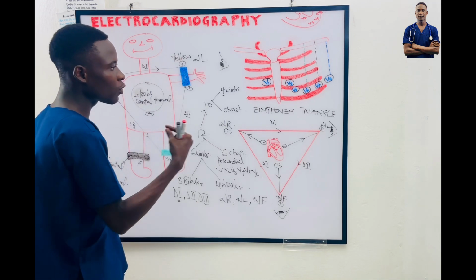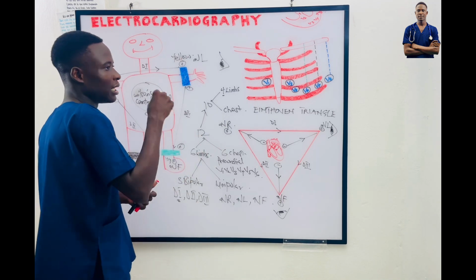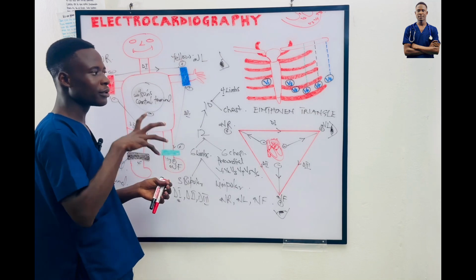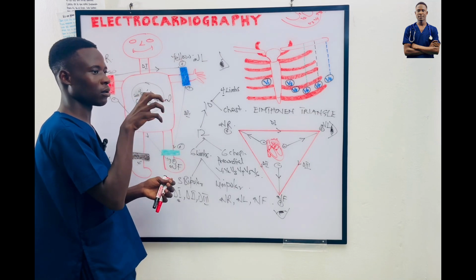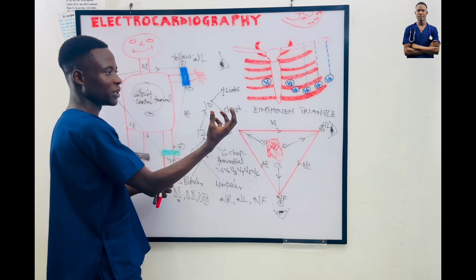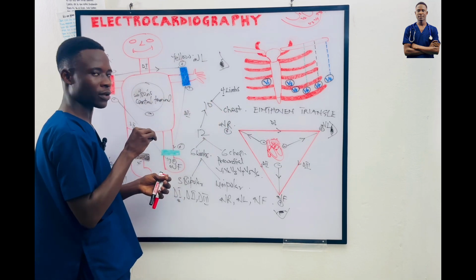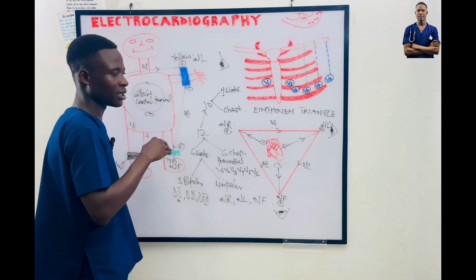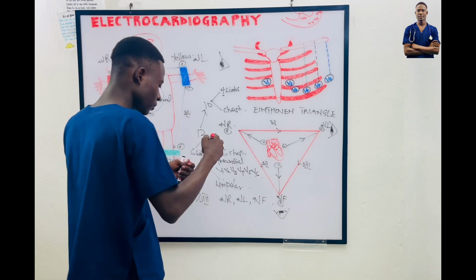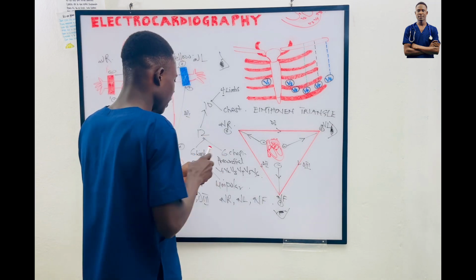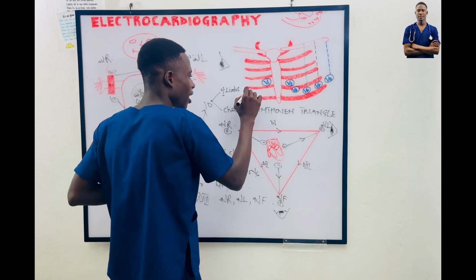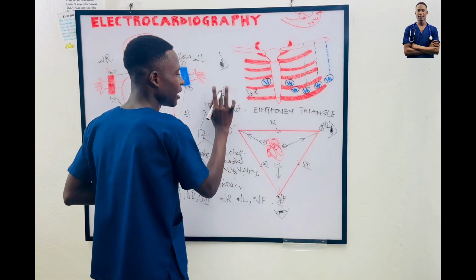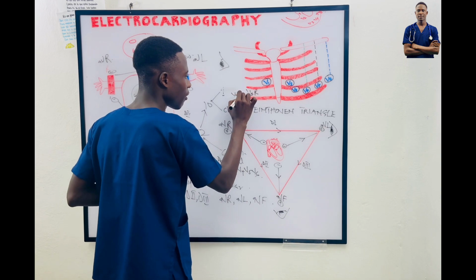Now, in a condition in which there's right ventricular infarction, we need to get certain information from the right ventricle. Because of that, we need to do additional placement. And this placement is what we call the V3R and then the V4R.